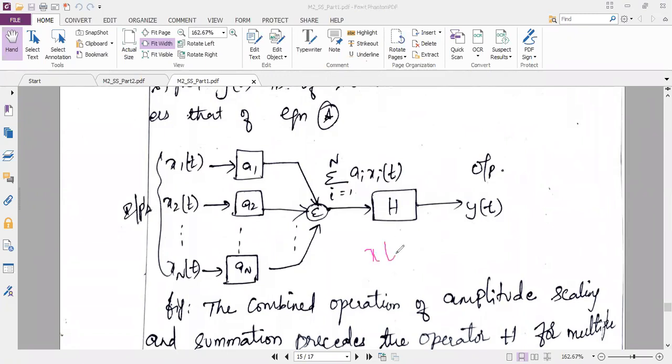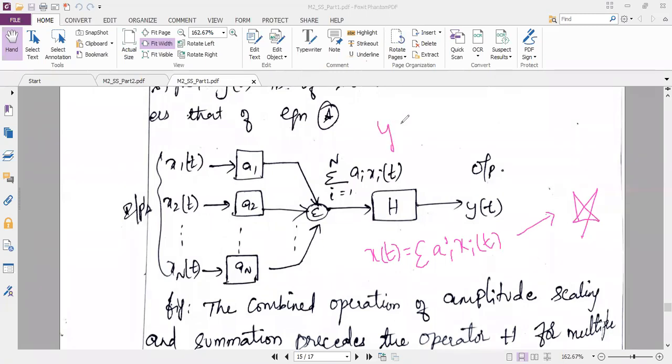X of t equals summation ai xi of t. As per my notes, this equation I have taken as star. I am taking this star equation and one more equation.